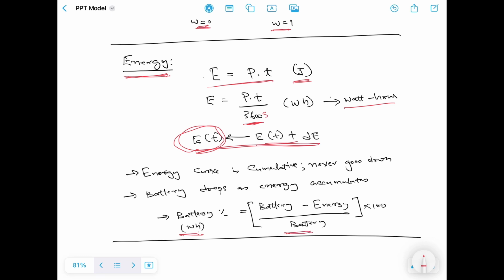Basically, the battery watt hour minus the energy watt hour, divided by the battery, times 100 gives the battery percentage. So that's the idea in modeling energy.